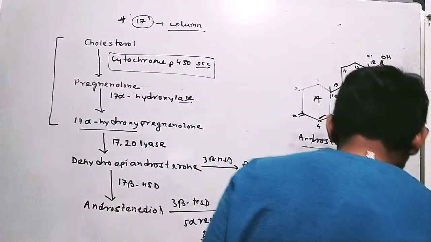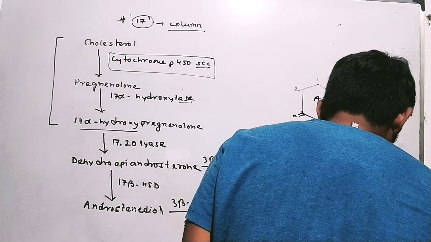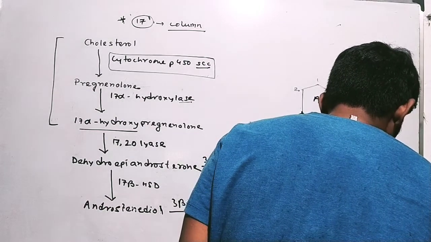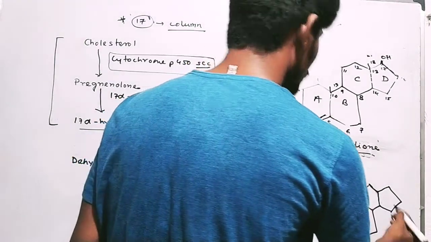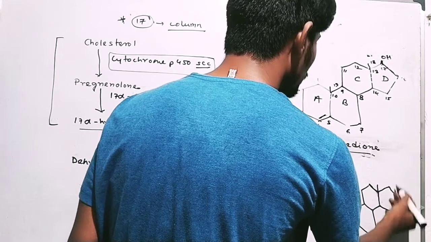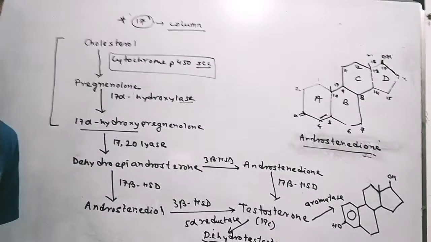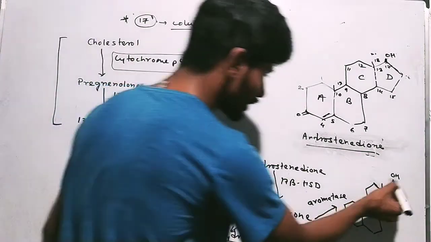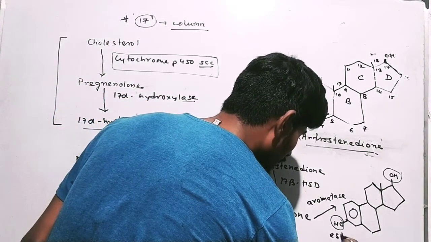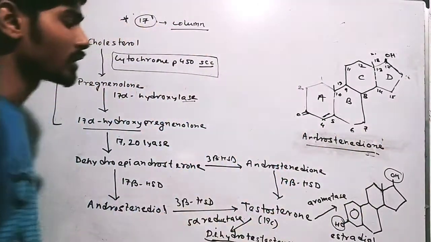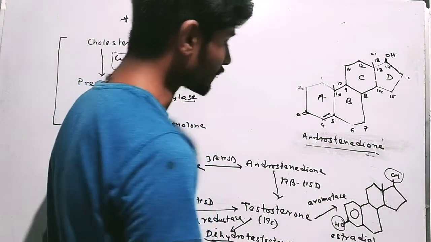These are the other rings. So you can see that there are two hydroxyl groups present in this case, and now it will be called the estradiol, which can be converted to the estriols in the liver, and from androstenedione you can also derive the estrogens.